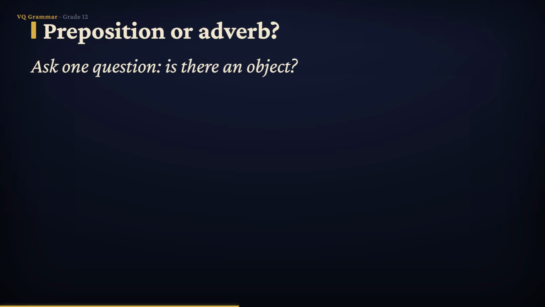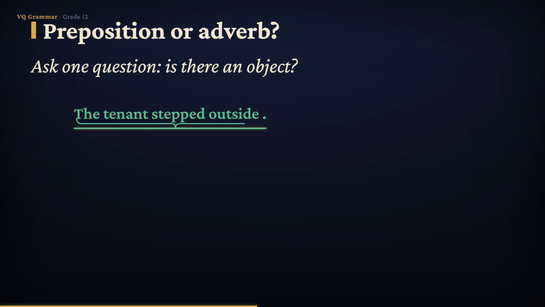Now, here's the part that trips people up, so let's slow down. The very same word can be a preposition in one sentence and an adverb in another. Look at this one. The tenant stepped outside. Nothing follows the word outside. It merely tells us how the stepping went. With no noun behind it, outside has no object. So here, outside is an adverb.